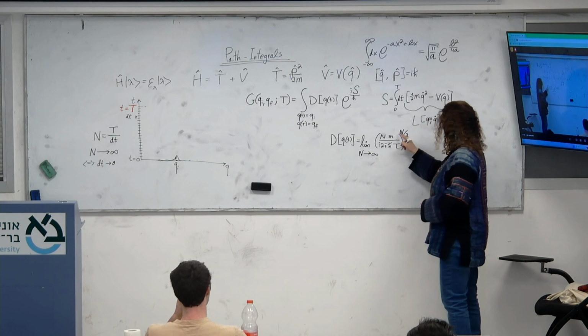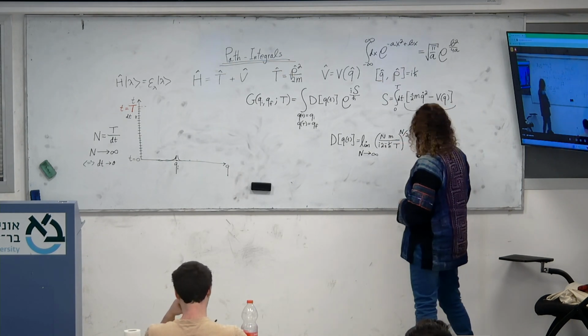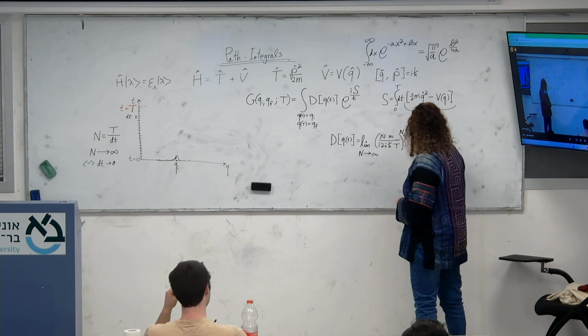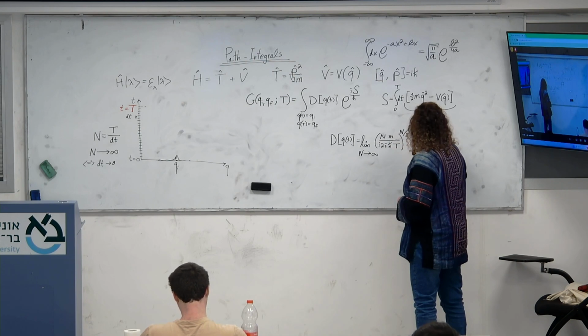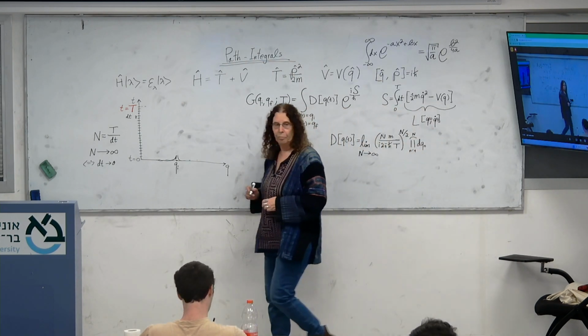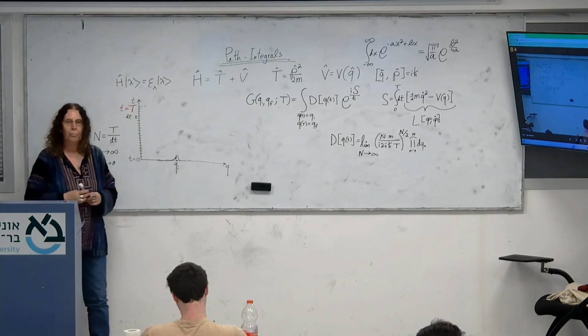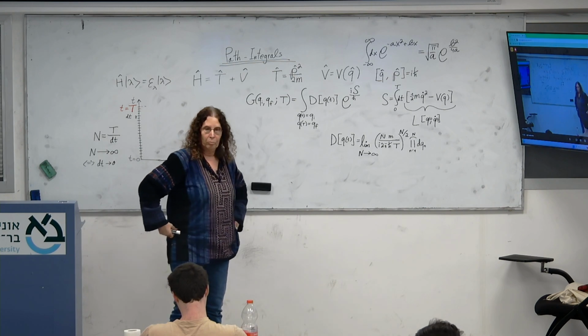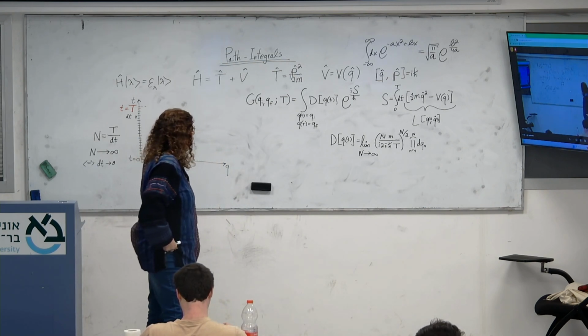This 1 over 2 is because of the square root that we had before. Times a product, n goes from 1 to N, of dq_n. That's what it is. Okay? That's the definition.